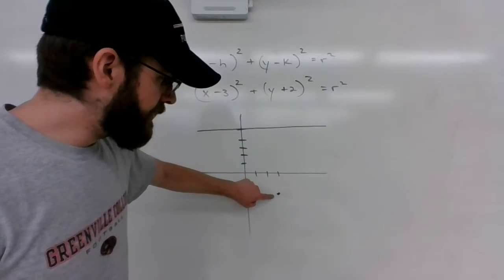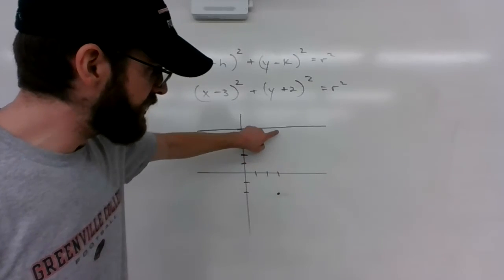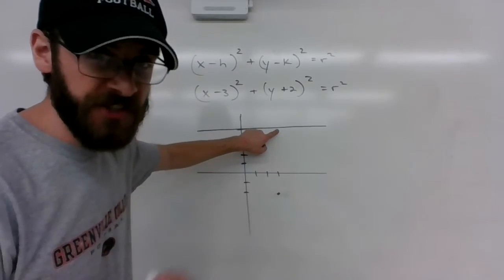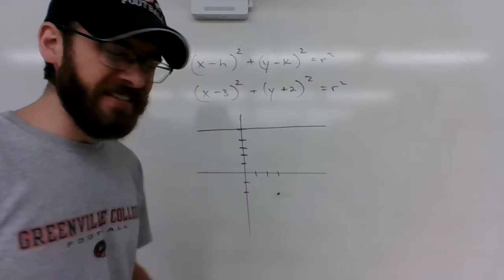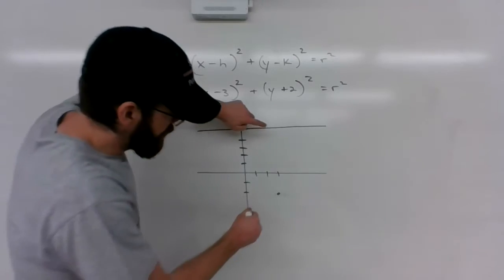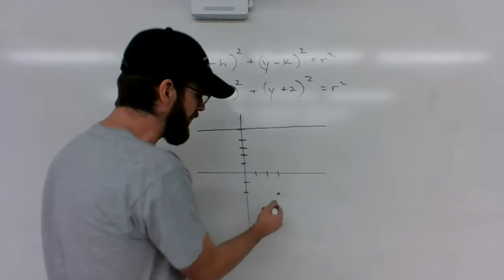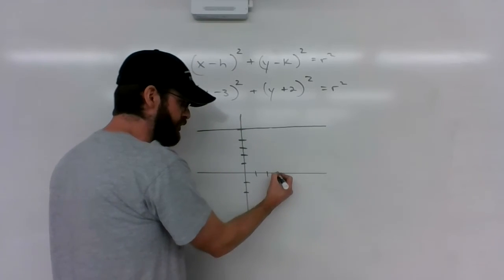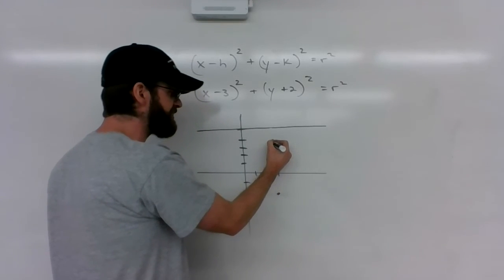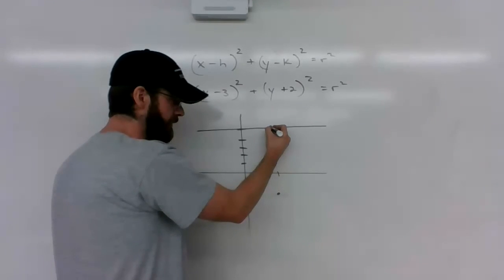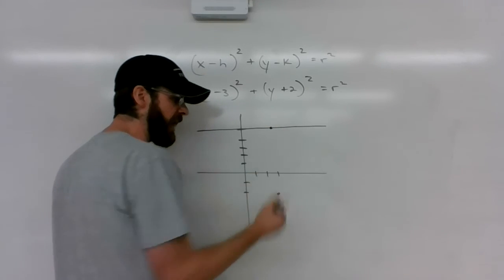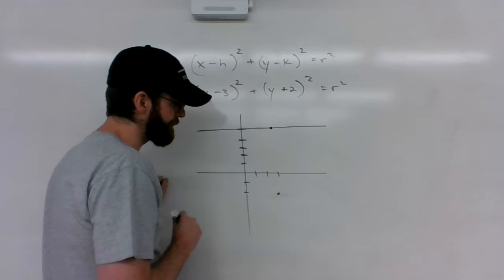We need this circle to only touch that line in one spot. So that's our dead giveaway that this is going to be the radius length. The radius is going to travel 1, 2, 3, 4, 5, 6, 7 units up to hit that line at only one spot.